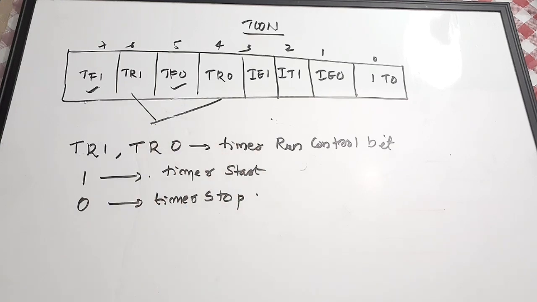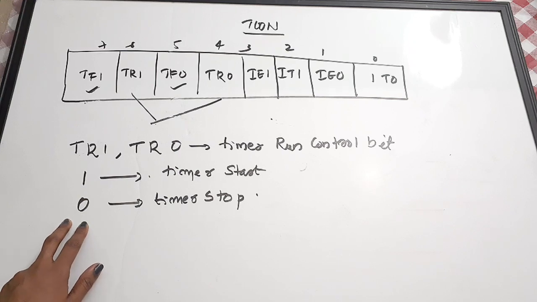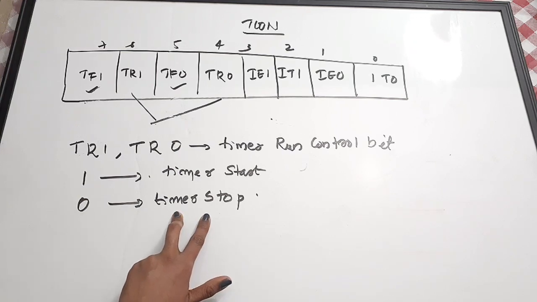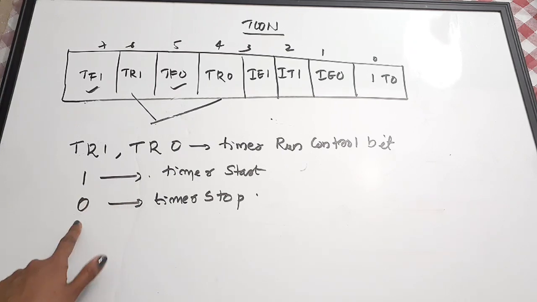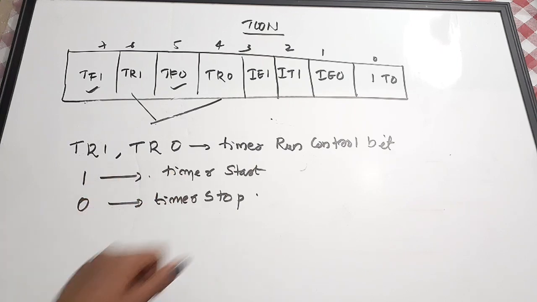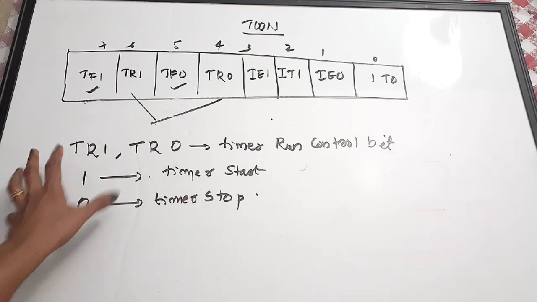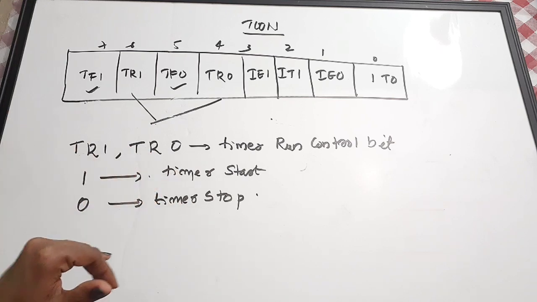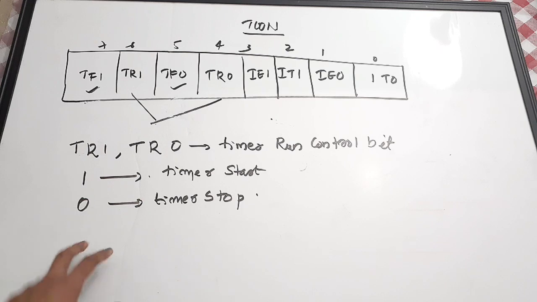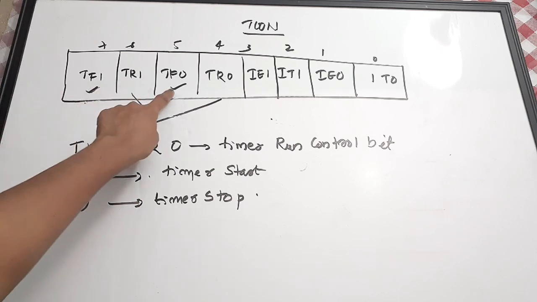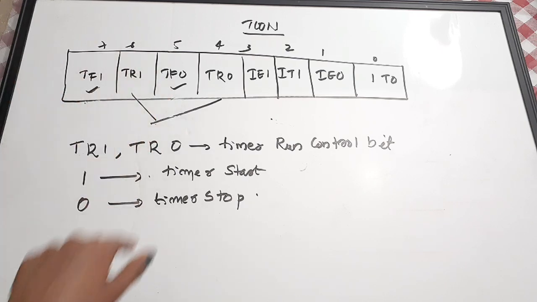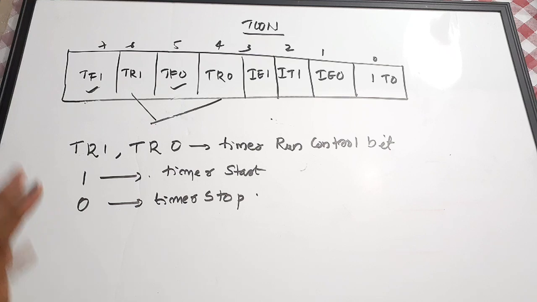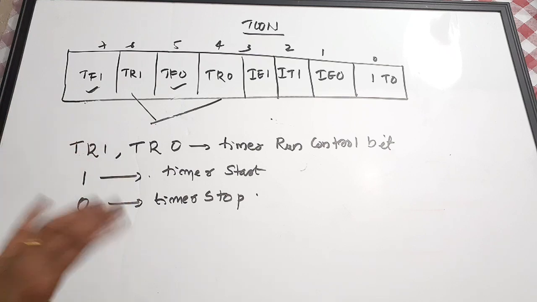In order to stop the timer, we use 0 in that field. If it is 1, we are going to start the timer. So these fields, TR1 and TR0, are set and cleared programmatically. But the fields TF1 and TF0, which indicate the overflow condition, are set by the hardware and cleared by the software.